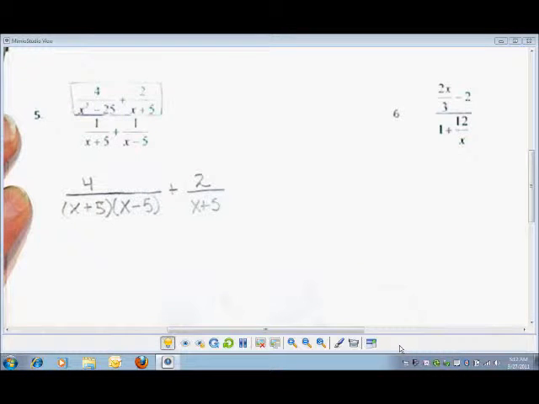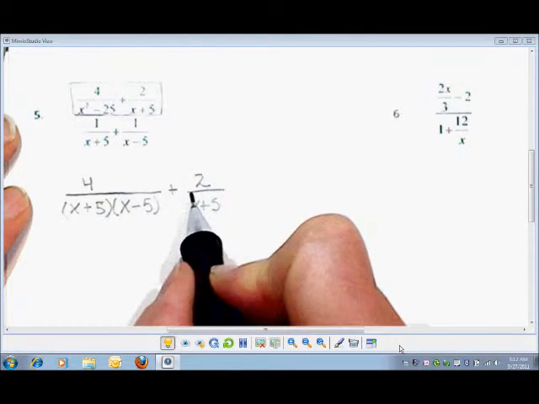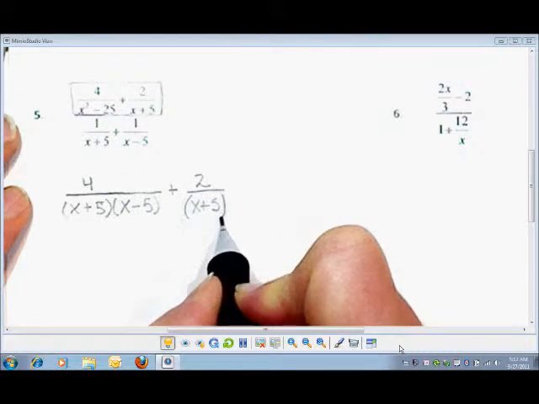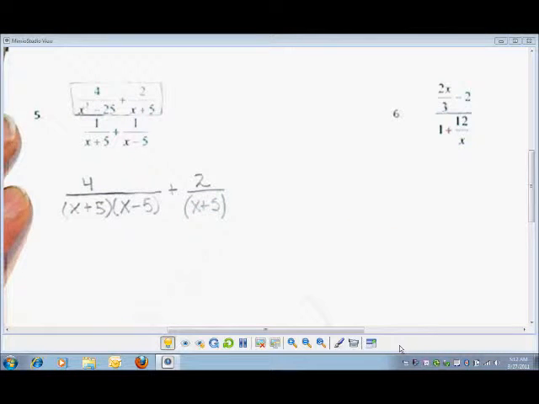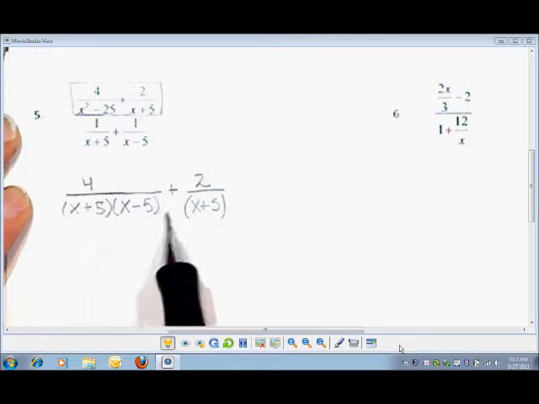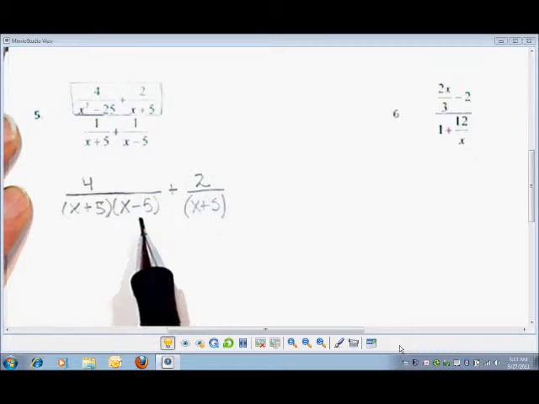Okay, if I wanted to add these two together, they need to have common denominators. Just for me to visually see this better, that's a binomial, so I'm going to put that in parentheses. What does this fraction have in the denominator that this fraction does not? Well, clearly it's missing the x minus 5.